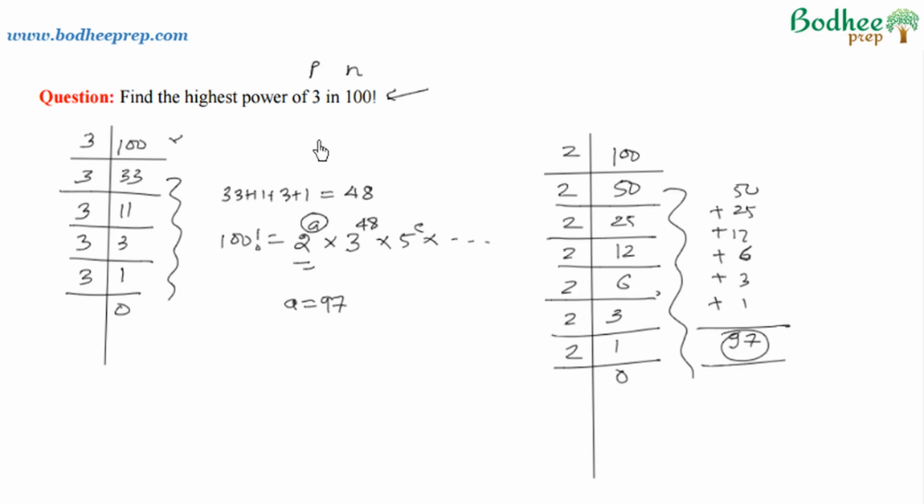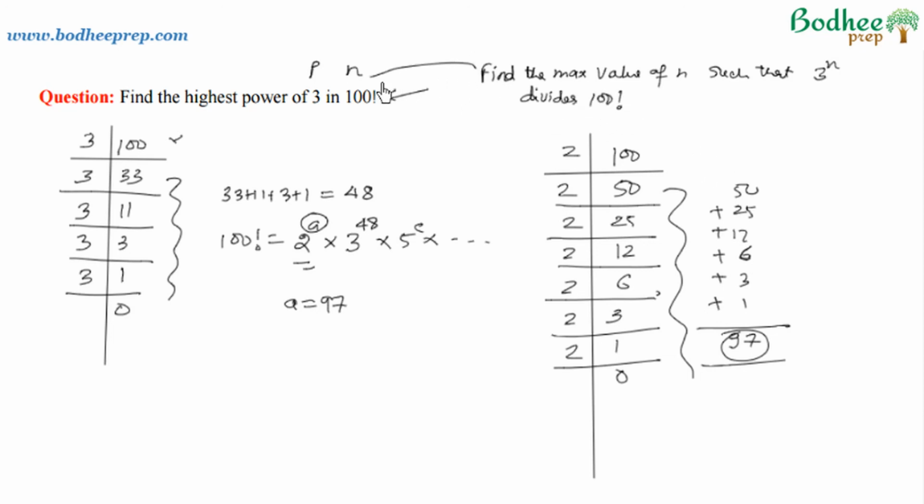The other way of asking the same question would be, let me write it: find the maximum value of n such that 3 to the power n divides factorial 100.